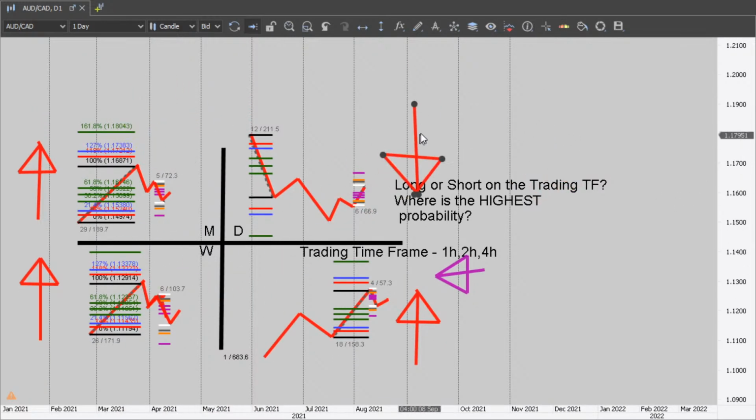Where is the probability? And fair enough, if you don't like Fibonaccis, you can trade without the Fibonaccis too. It doesn't make any difference. You need to think from the probability standpoint, even without the Fibonaccis. It's a probability profession, everybody.